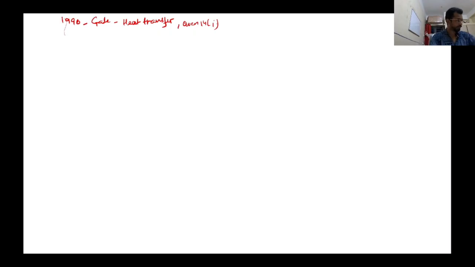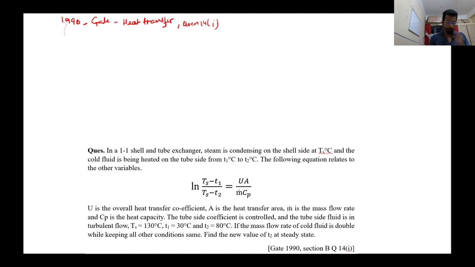What is the question saying? It will be visible on your screen. In a 1-1 shell and tube heat exchanger, steam is condensing on the shell side at Ts degree Celsius and the cold fluid is being heated on the tube side from T1 degree Celsius to T2 degree Celsius. So we know that if steam is used as a heating medium, then the profile is like this. This will be the profile of steam, Ts.